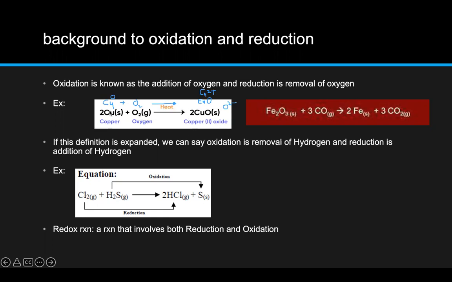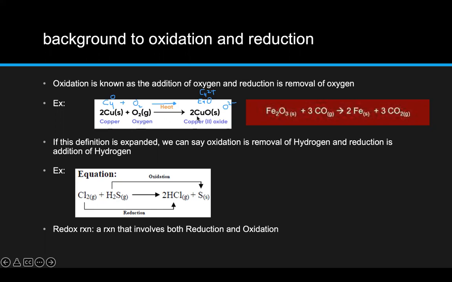And so we can see that copper has gone from 0 to Cu2+, which means it has lost electrons, which we will come to later. And it also has gained oxygen. So you can say copper has been oxidized and the other species have been reduced.